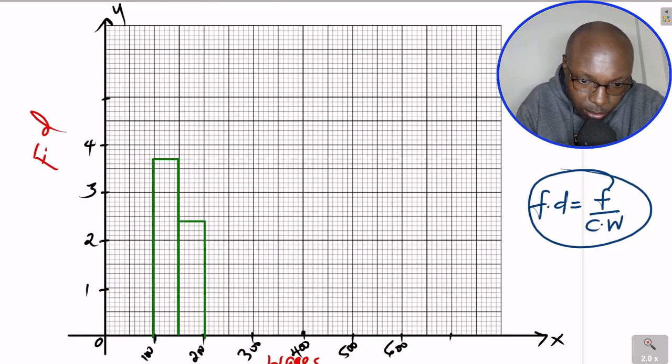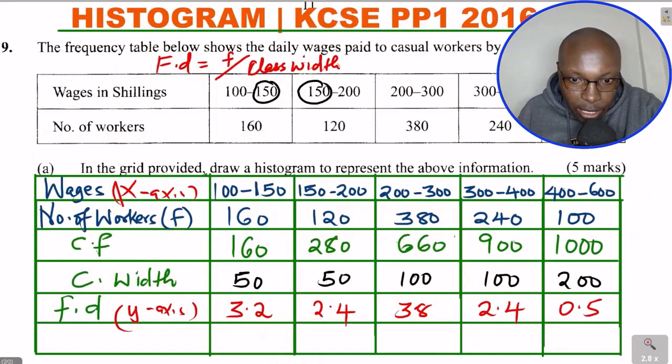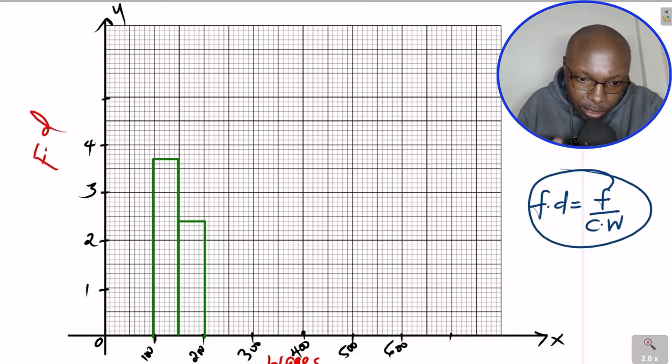Then you drop down there. That is the second class. Then the other class 200 to 300, 3.8. 3.8 is 3.5, 0.6, 0.7, 0.8 is there. Then you drop down like that.